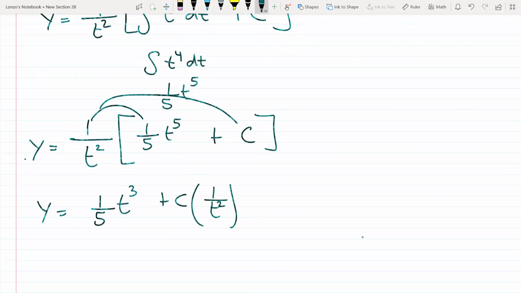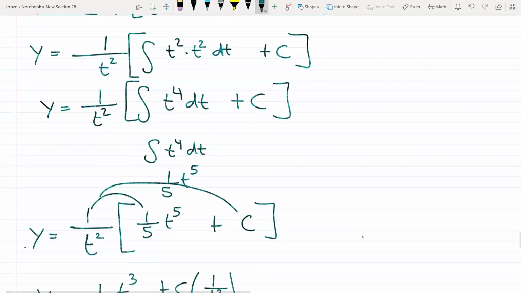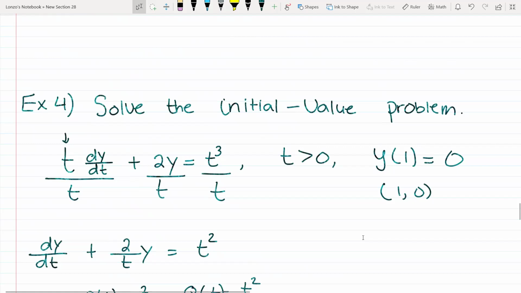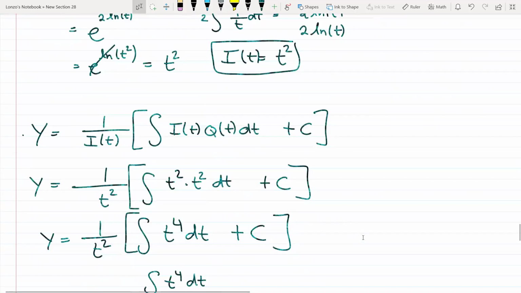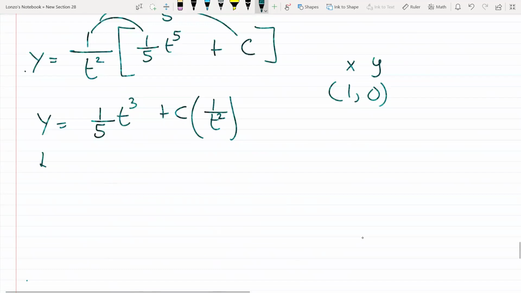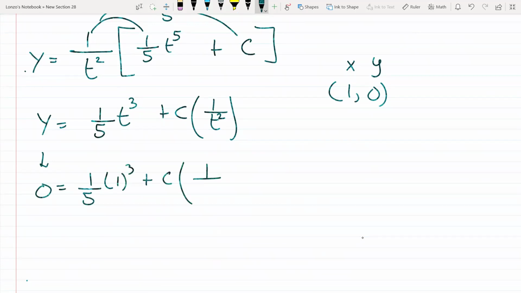Now, we have an initial value, right? We said that we have a condition of y of 1 equals 0, so we have a coordinate of (1, 0), right? But we do have to solve for c. 1 is your t, 0 will be your y. So replace y with 0, replace t with 1. 1 squared is 1, so you don't really have to do that.